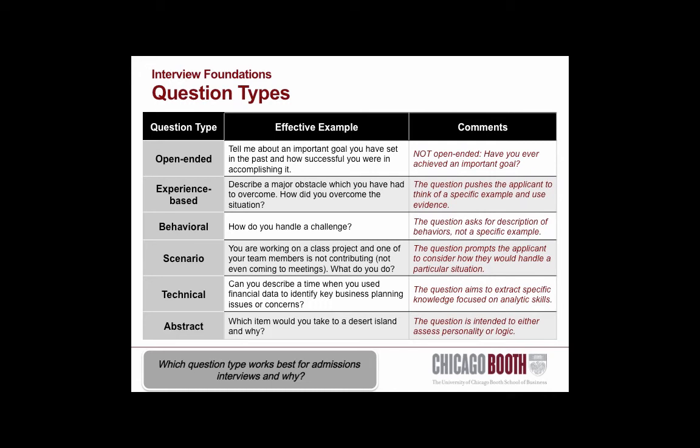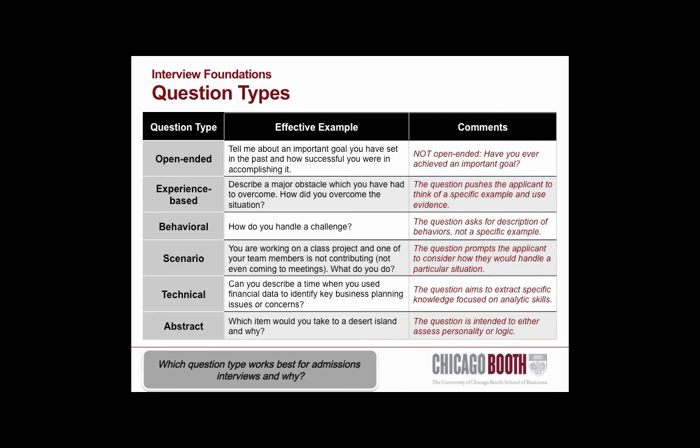And then the final question type is one that we call abstract. This is the type of question where there's no particular example, there's no particular one way. What you're really looking for is something that assesses the candidate's personality or the logic in their thinking or the structure in their approach or how they may handle a curveball.